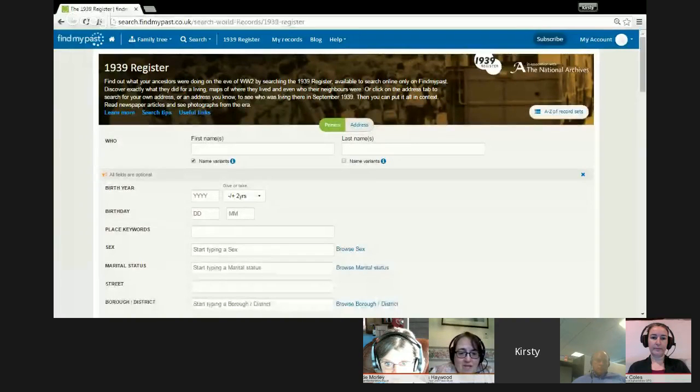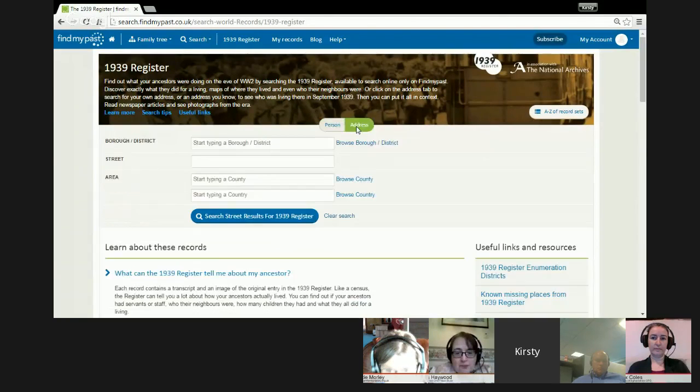I'll just pull it onto a different window because otherwise it's going to get a little bit complicated. I've tried and utterly failed, so I've been rather put off. There we go, you can see that. Basically what I was trying to do was go into address. For a while I put in a borough district, and like I say, I put in TechCot, nothing.